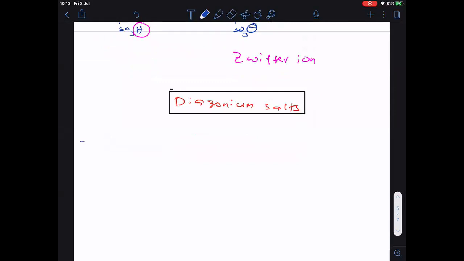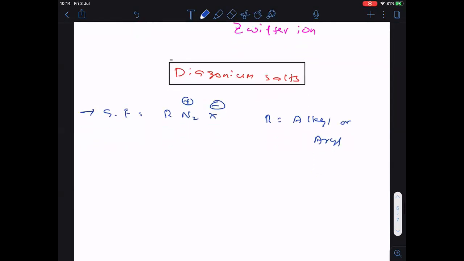Followed. So now, what is the general formula? General formula of diazonium salts is RN2 plus X minus. What is R here? R may be alkyl or may be aryl also. Clear? Then what is X minus?